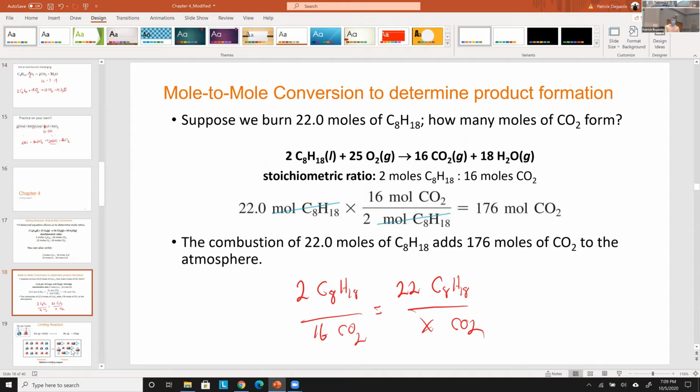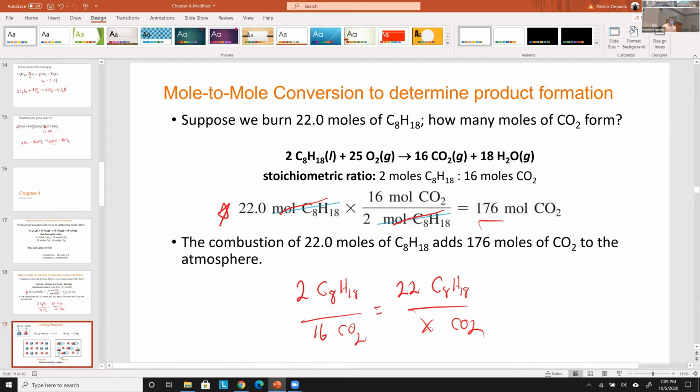Or you can do kind of like a unit conversion where you have 22 moles of octane. You know that 16 moles of CO2 are produced from 2 moles of octane. Moles of octane cancel out. Do the math, you get 176. That's the best way to do it, actually, so you don't overthink yourself. Cool. So that's basically stoichiometry for you.